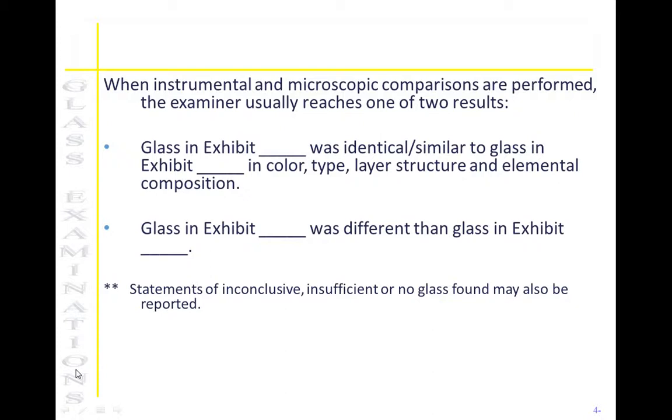So the examiner in these situations can usually state that the glass is either different from another exhibit, or that the glass might be identical to another exhibit in the color, type, layers, elemental compositions, and the various optical and physical properties of that glass itself.